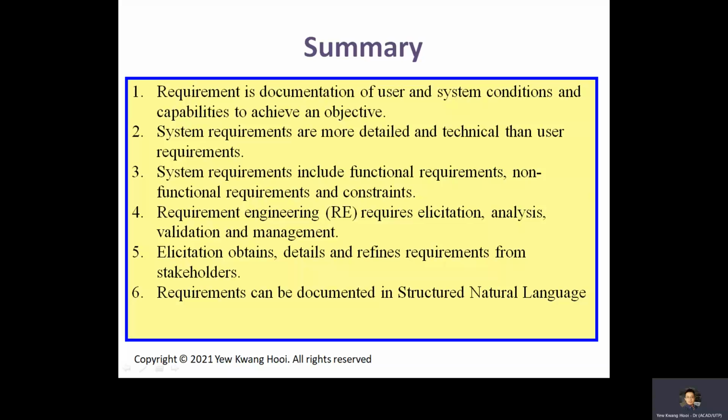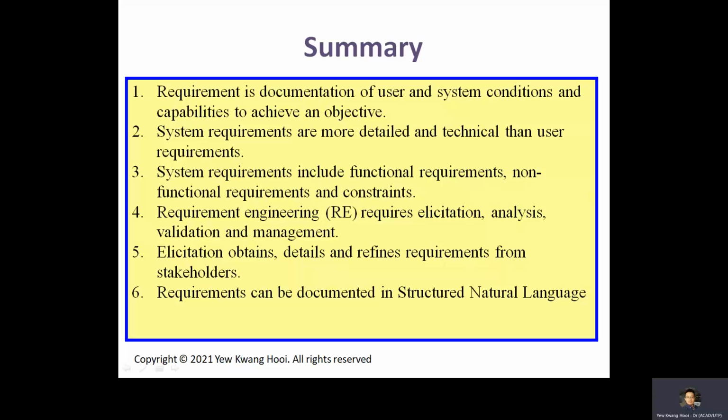Elicitation gets requirements from stakeholders, and after analysis, you turn the user requirements into system requirements, and you have them documented in a document called requirement specification, and the requirement should be written in a very clear, unambiguous way called structured natural language.